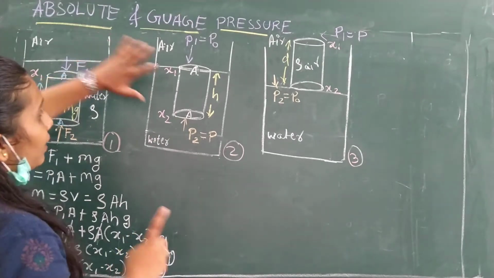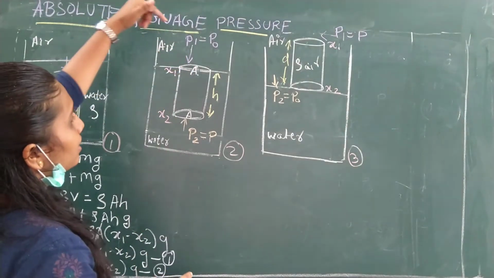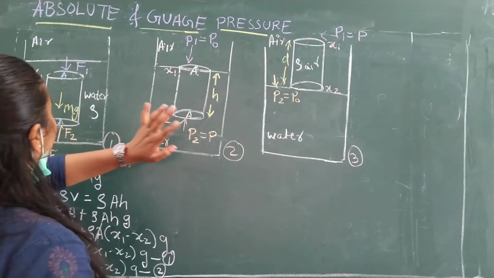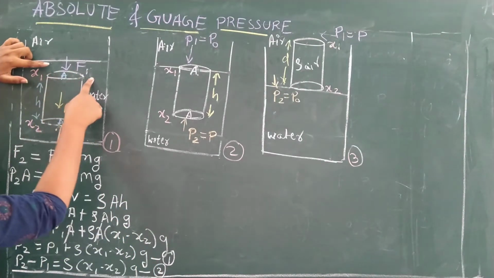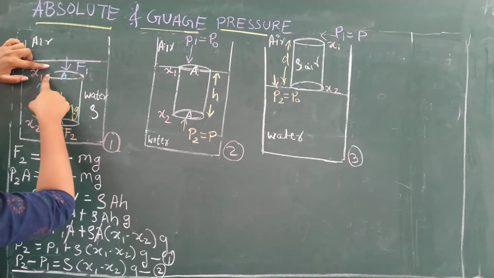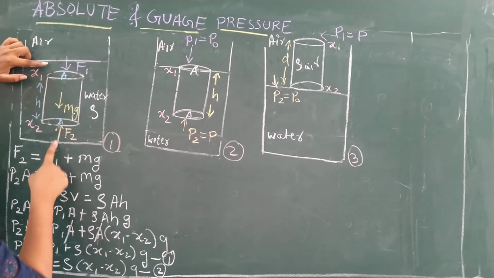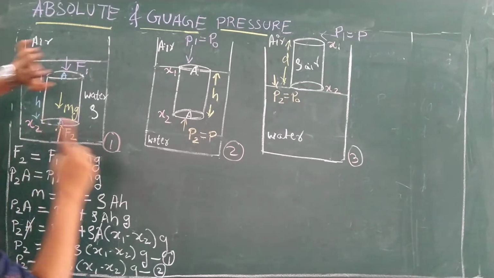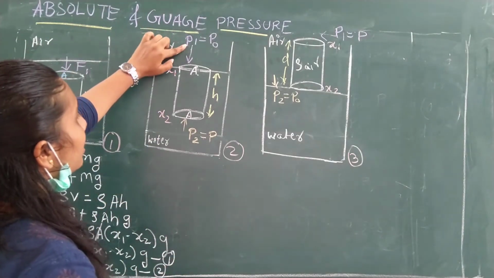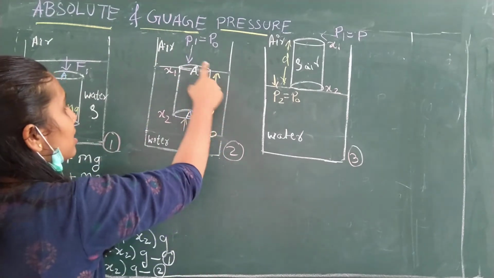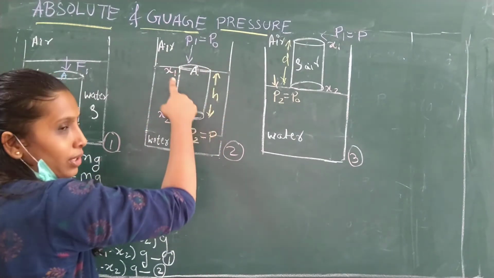Now, if we consider the amount of pressure exerted at the top and bottom, here you have seen this F1 was the force which was acting on the top surface and F2 was the force which was acting on the bottom surface. Same way, here P1 is a pressure which is acting on this top surface of the imaginary liquid column.